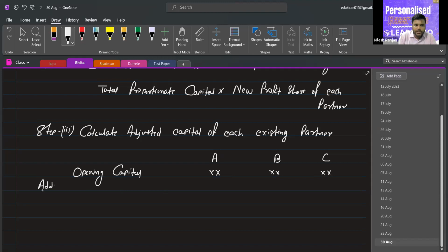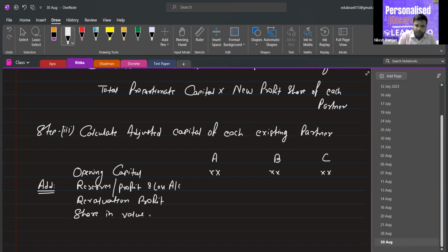So add reserves or accumulated profit and loss balance. After that, revaluation profit, and then share in revalued goodwill.